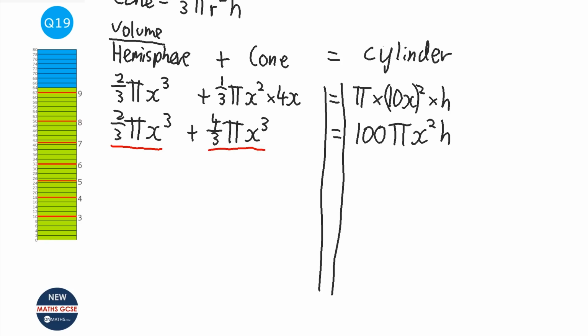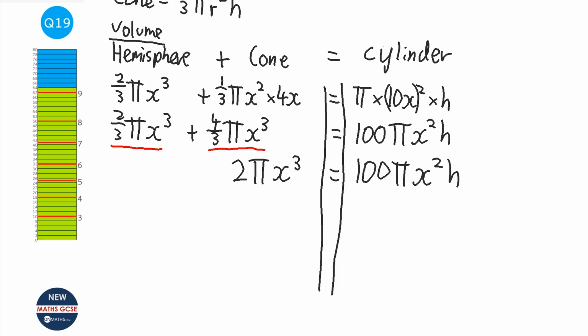There's both pi x cubed, so we can just add them together. So it's going to be 2/3 plus 4/3, so that's going to be 6/3, or just 2. So it's going to be 2 pi x cubed equals 100 pi x squared h.